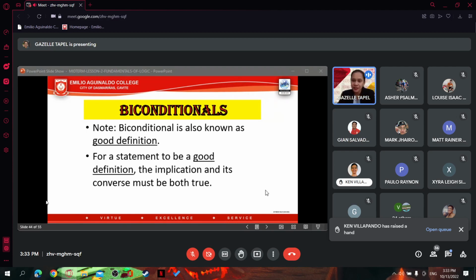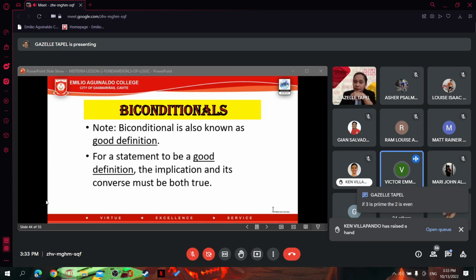Okay, let us analyze this one. If 2 is even, then 3 is prime. Is that true? Yes po. Okay, true right. Diba true siya? Ang converse ng if 2 is even, then 3 is prime is, if 3 is prime, then 2 is even. That's the converse, right? Yes po. Okay.